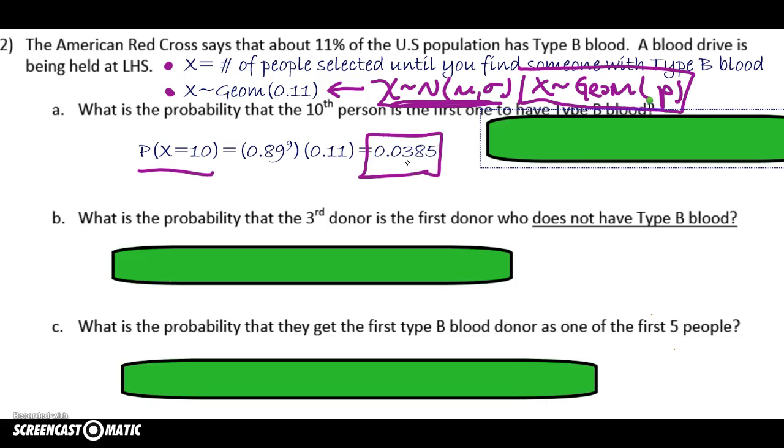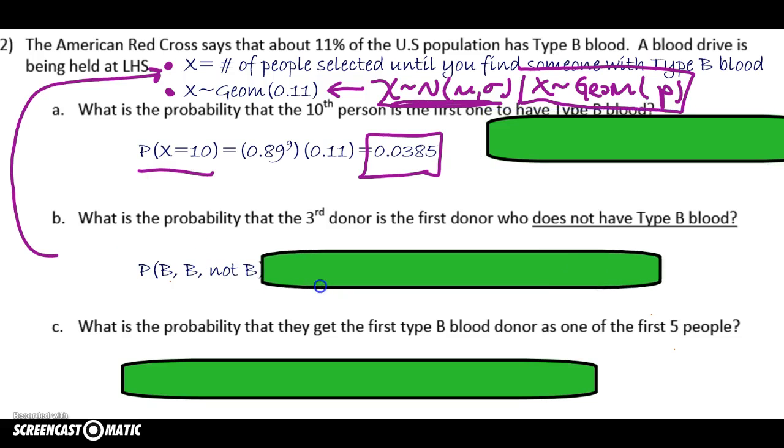Okay, the next one says what's the probability that the third donor is the first one who does not have type B blood. Sometimes it's easier to always refer back to your variable. Sometimes you'll feel like you lose yourself in notation, or you'll lose yourself in trying to define another variable. So there are other ways to do it as well. So here I just said, okay, what am I actually looking for?